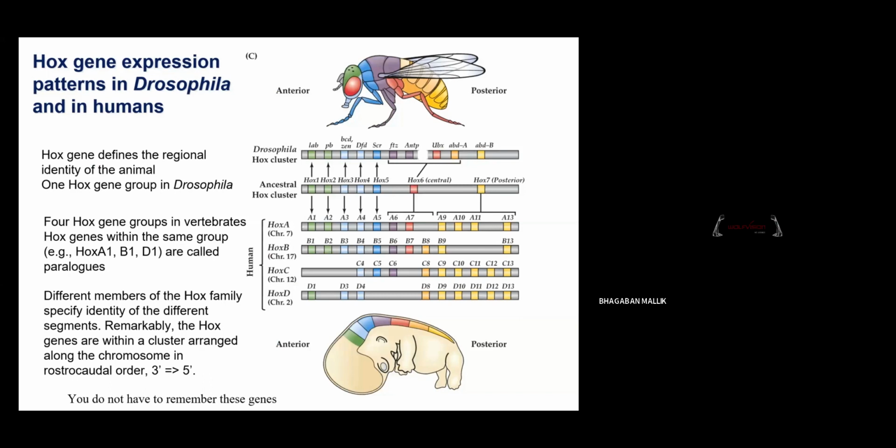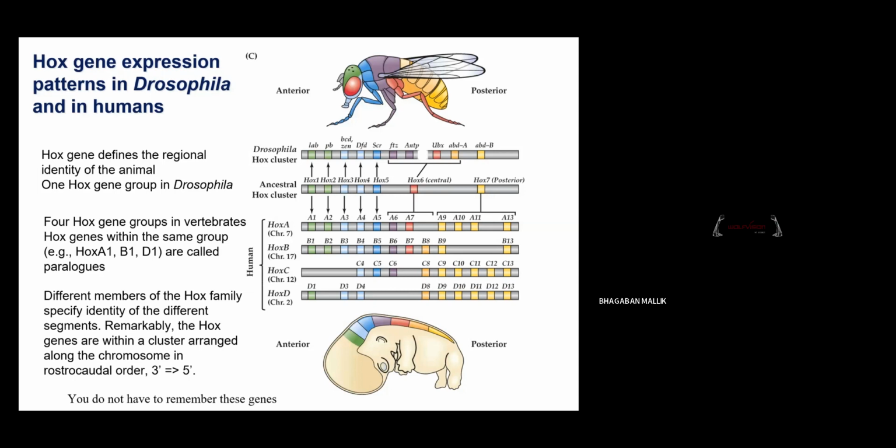Going back to the previous slides, so Hox genes. In the Drosophila, you have Hox genes that define the segmentation, and these Hox genes basically define the regional identity of the animals. One group of Hox genes is present in Drosophila, and these are represented here, and these are already color coded.